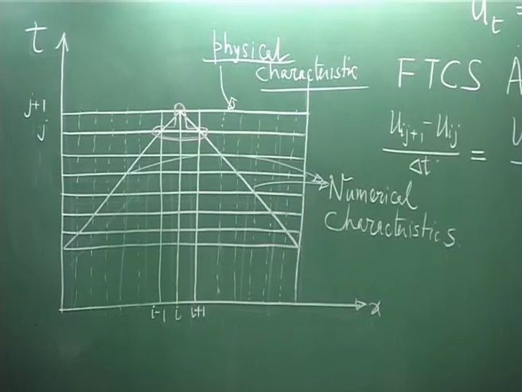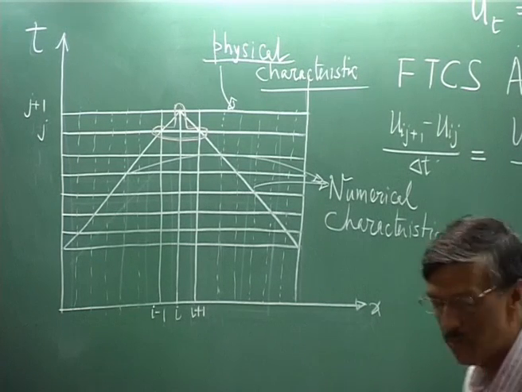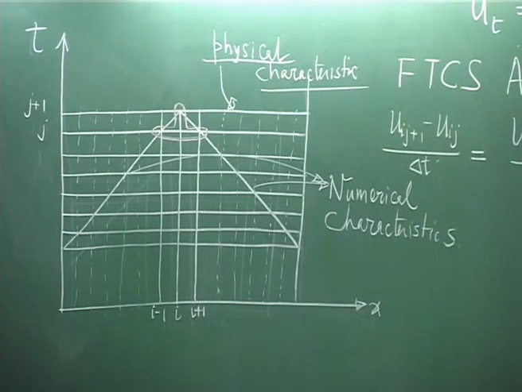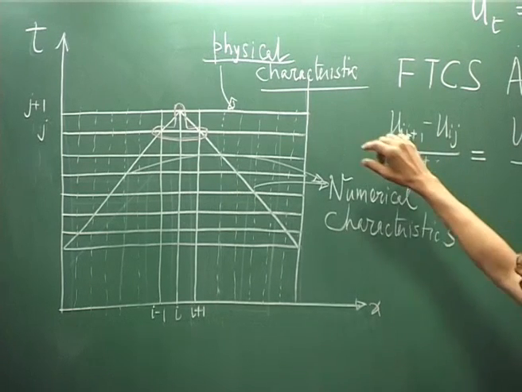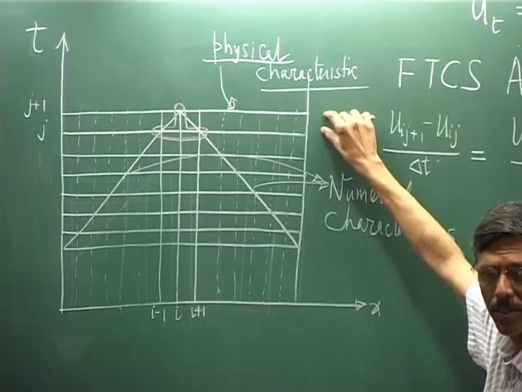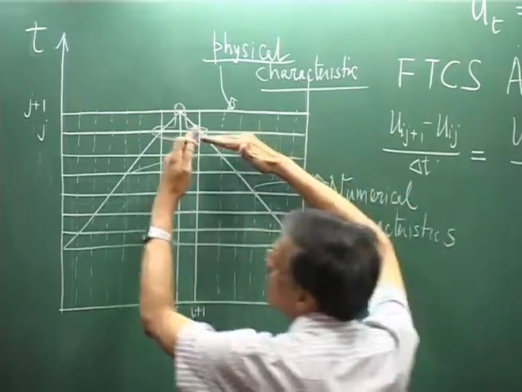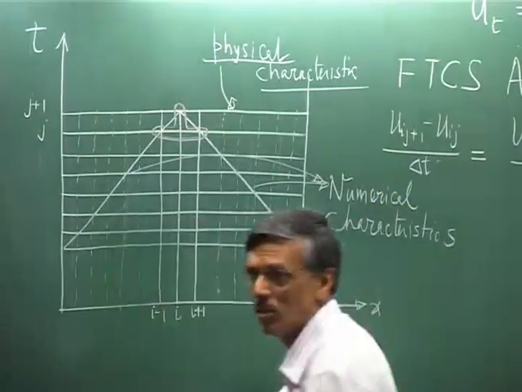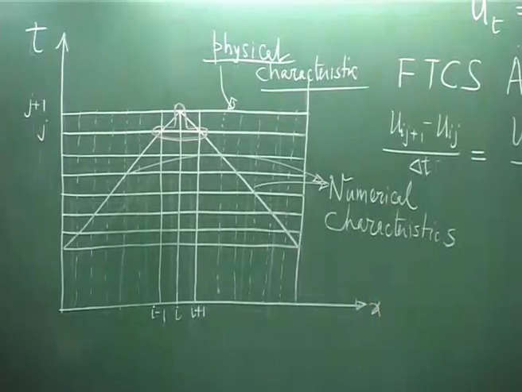Now, you can very clearly see that to make the thing work for you, you should have these two sets of characteristics approach each other. How do you do that? A very simple observation is, if I reduce delta t, then what will happen? This wedge will open up towards the theoretical limit, the physical characteristics.